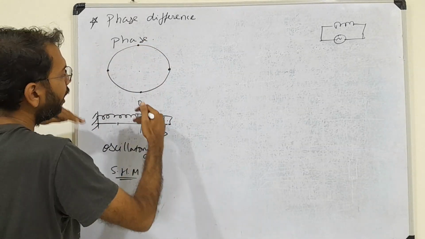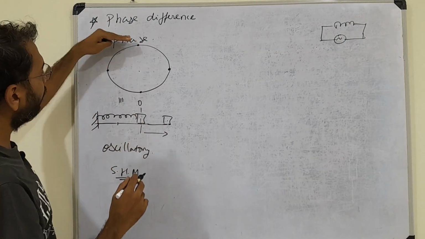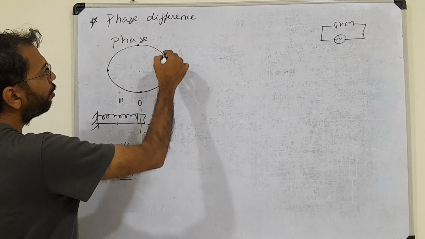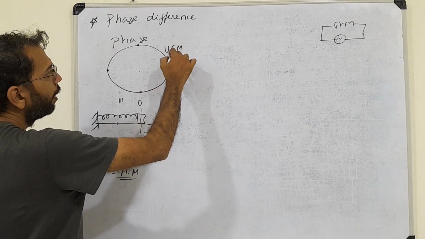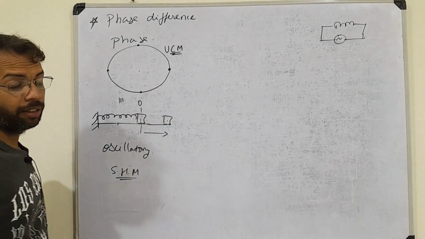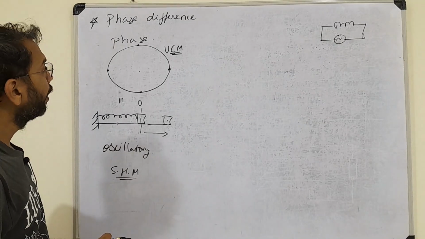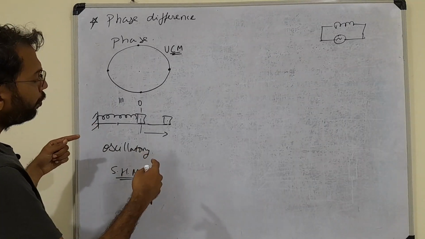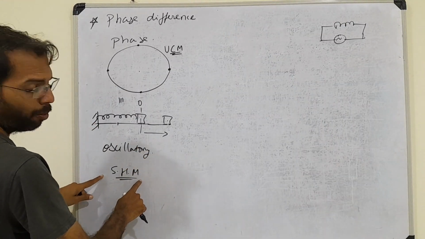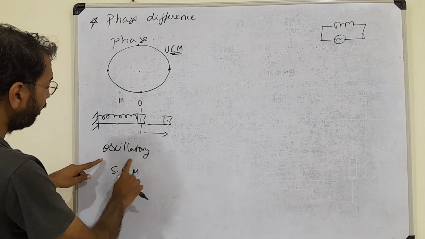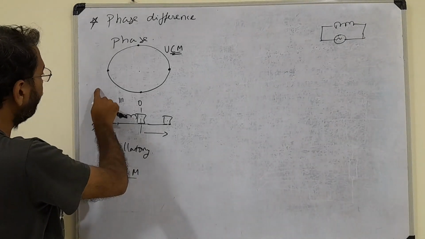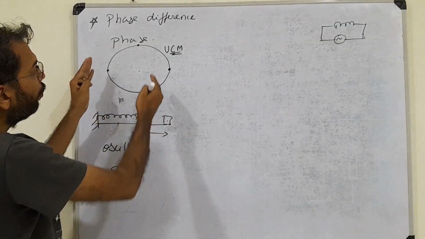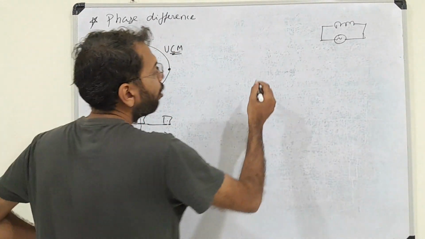So circular motion and this simple harmonic motion are equivalent, and this circular motion will be called UCM, uniform circular motion. So any oscillatory simple harmonic motion can be projected over a circular motion. Okay, so now we come and talk about circular motion exclusively.